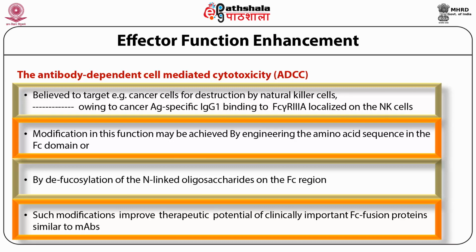So this modification or engineering can be brought about in a therapeutic monoclonal antibody, as well as in a non-antibody Fc fused therapeutic molecule, which now has the power to bring about effector functions like an antibody molecule.